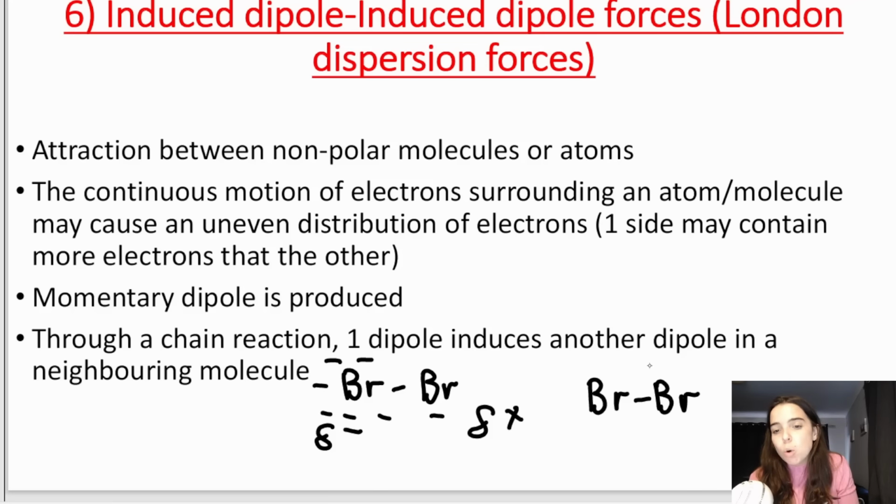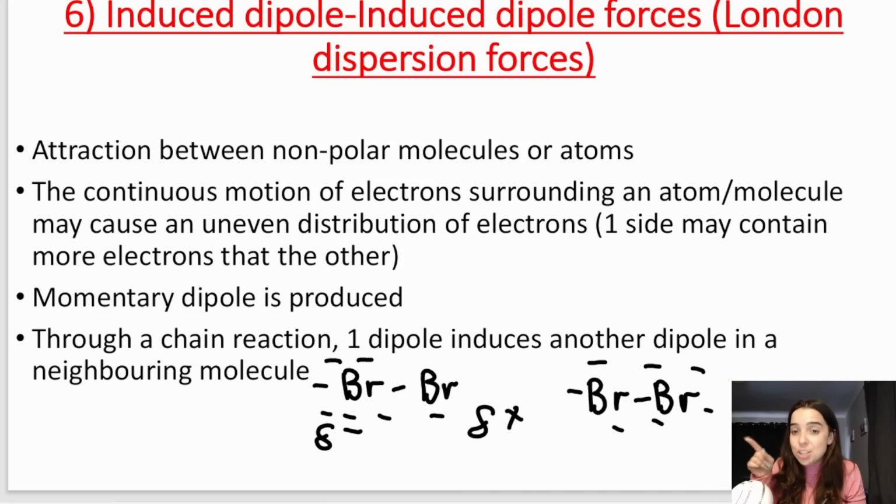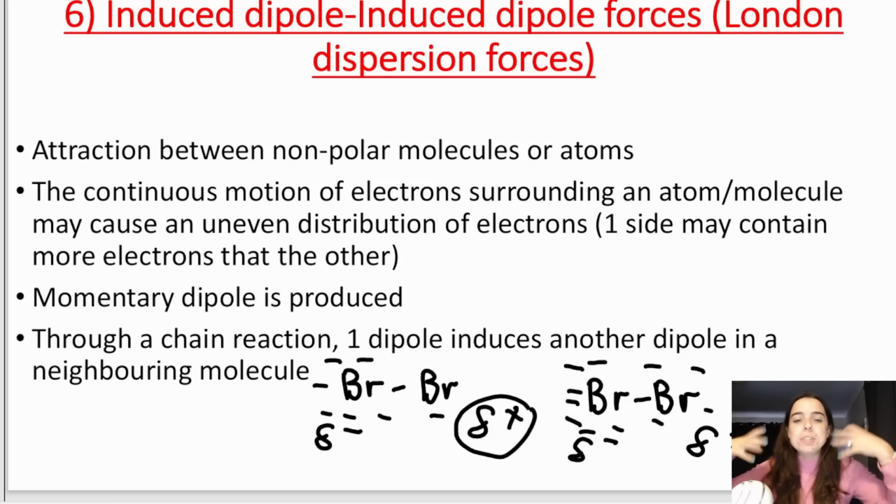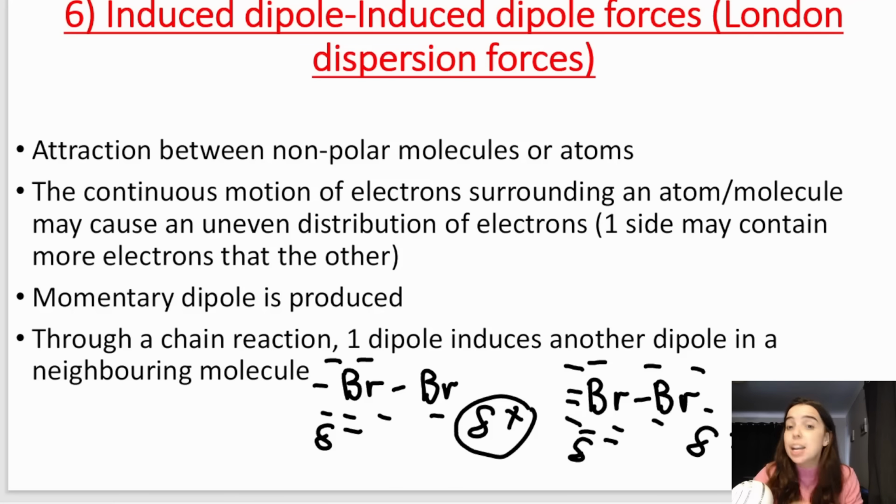And initially, all of their electrons are evenly distributed. But because for a moment in time, that initial bromine has a side that is more positive, it quickly attracts all the electrons of the next bromine molecule, making this side more negative and this side more positive. And it creates almost like a chain reaction. All you need to know, you don't need to know that in depth. So if you were like, ma'am, I don't get what you were saying, it's okay.